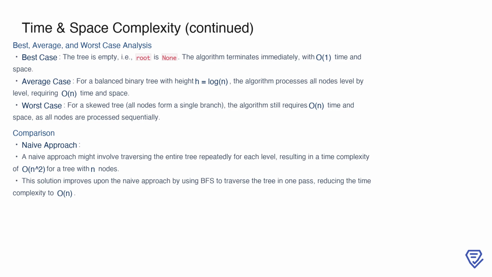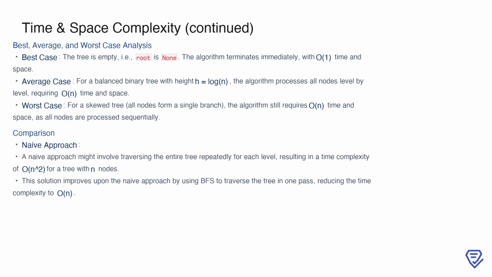We can further analyze this solution by considering best, average, and worst-case scenarios. In the best case, the tree is empty, with the root being none. Here, the algorithm terminates immediately, requiring only O(1) time and space. For an average case, where the tree is balanced with a height of log n, the algorithm processes all nodes level by level, resulting in a time and space complexity of O(n).